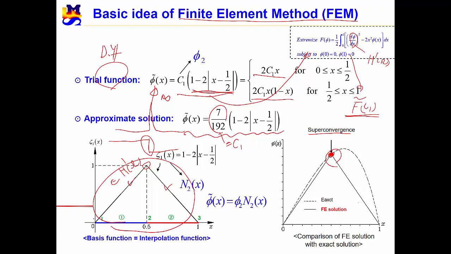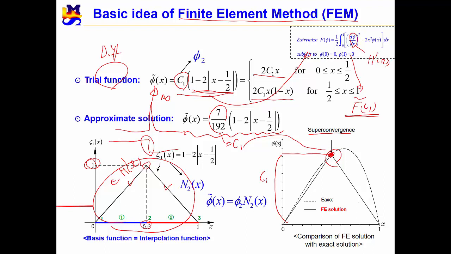And you know that the basis function at x equals 1/2 is unity. Therefore, C1 means the unknown function value at that point. This allows us to enjoy the freedom from the problem of preparing a trial function considering the essential boundary conditions. This fact will be explained in more detail soon.